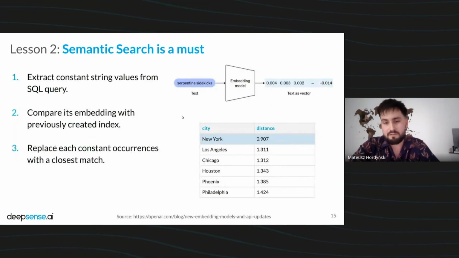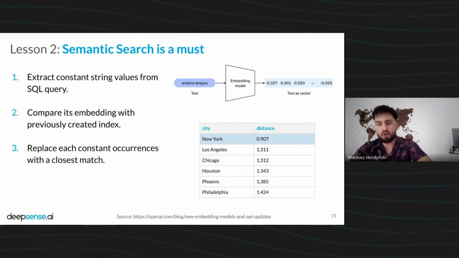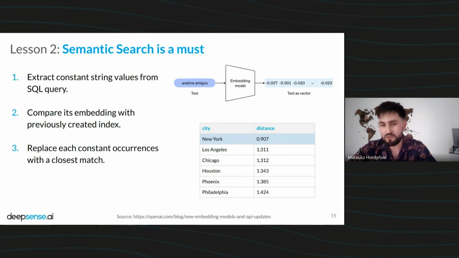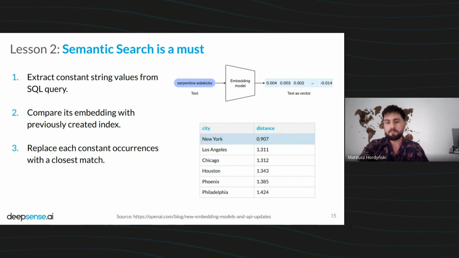One cool way to fix that is to employ embedding models. Embedding models are really, really cool. Probably most of you know how they work. But you can think about them as a black box: they take a text as an input and output a vector, so just a lot of numbers.